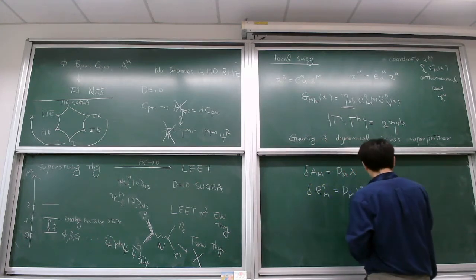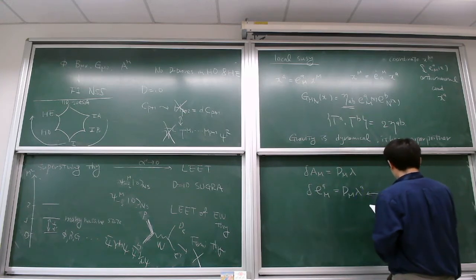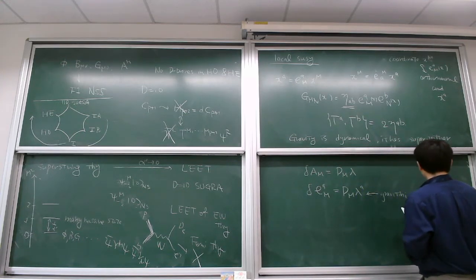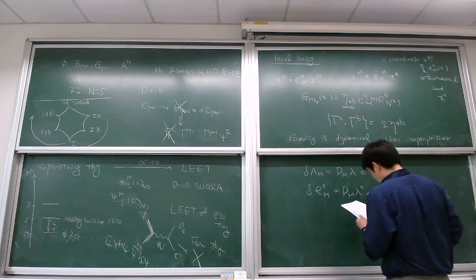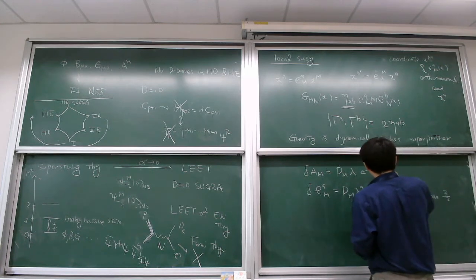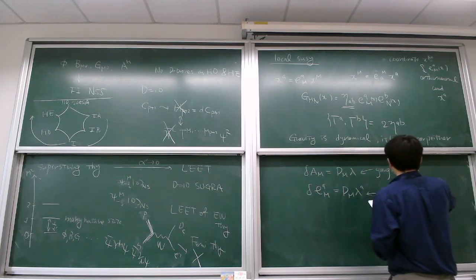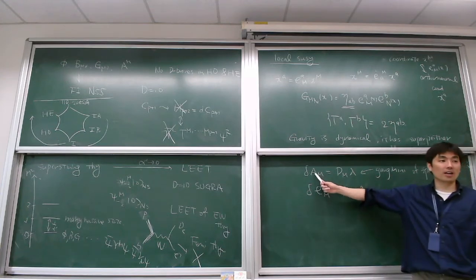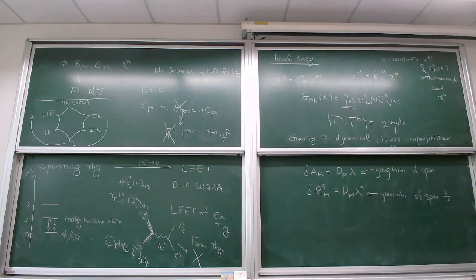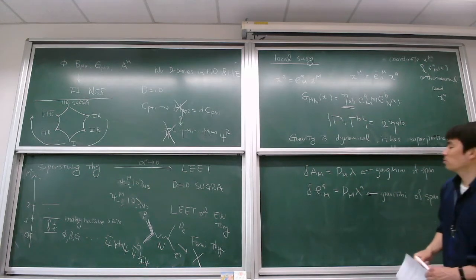And this is called the gravitino, of spin 3/2. And this guy is called the gaugino. What is the spin of a gauge boson? Spin 1.